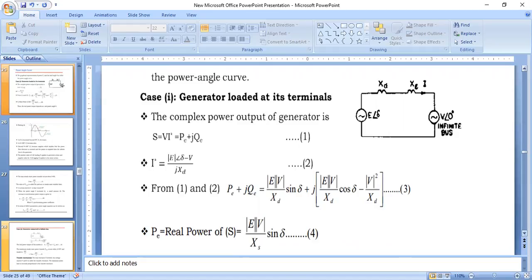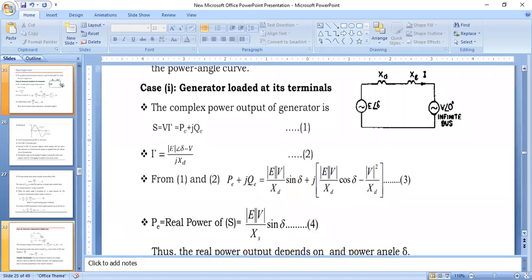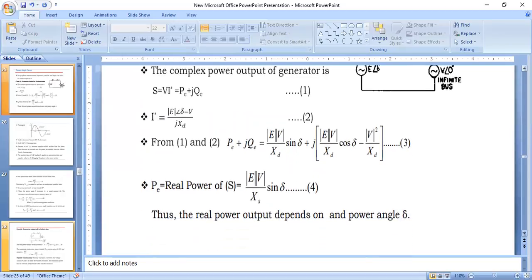From equations 1 and 2, the complex power, that is PE + jQE, the active plus reactive powers, is equal to |E||V|/Xd sin δ + j(|E||V|/Xd cos δ − V²/Xd), that is equation 3.